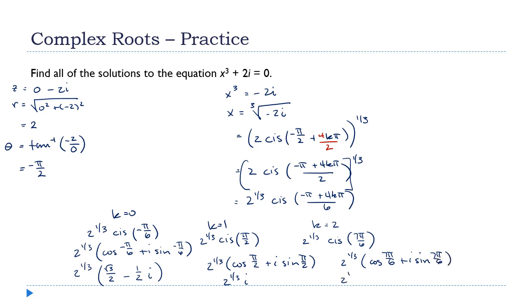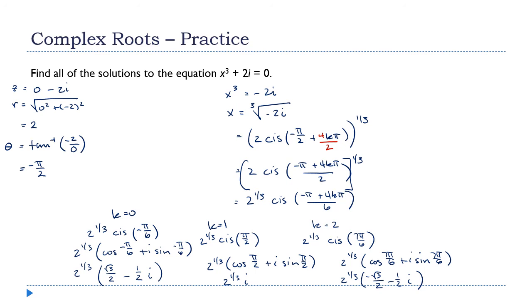So that's 2 to the 1/3 times cosine 7 pi over 6, which is negative square root of 3 over 2, and sine 7 pi over 6 is negative 1/2 i. There you go. Just couldn't let it go. There's our third one.